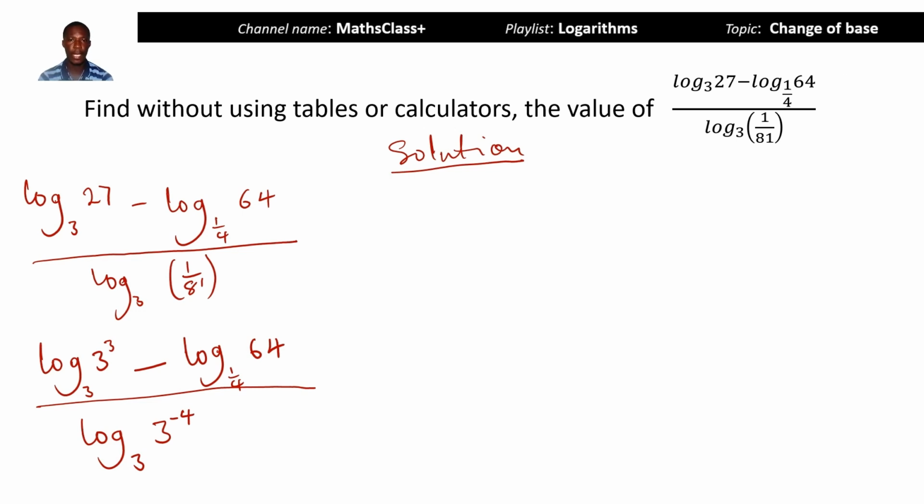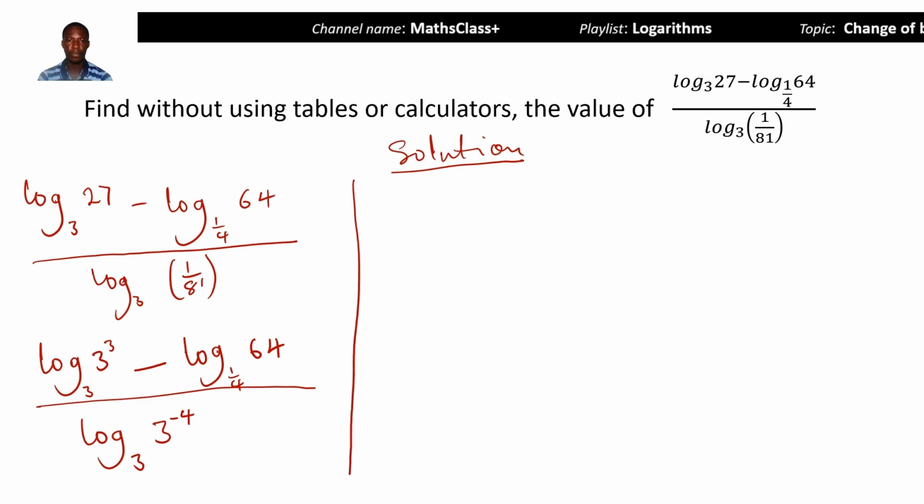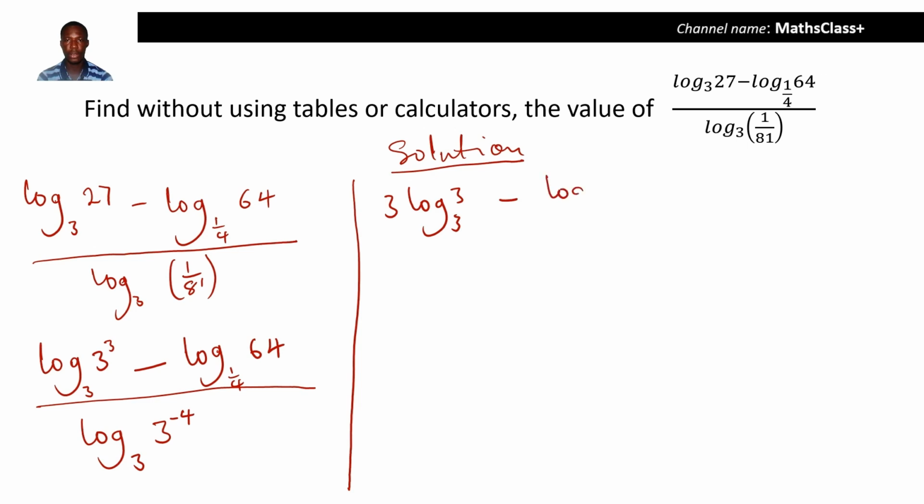Okay, so here I will simplify them as 3 log 3 base 3 minus log 64 to the base 1 over 4 divided by negative 4 log 3 to the base 3.